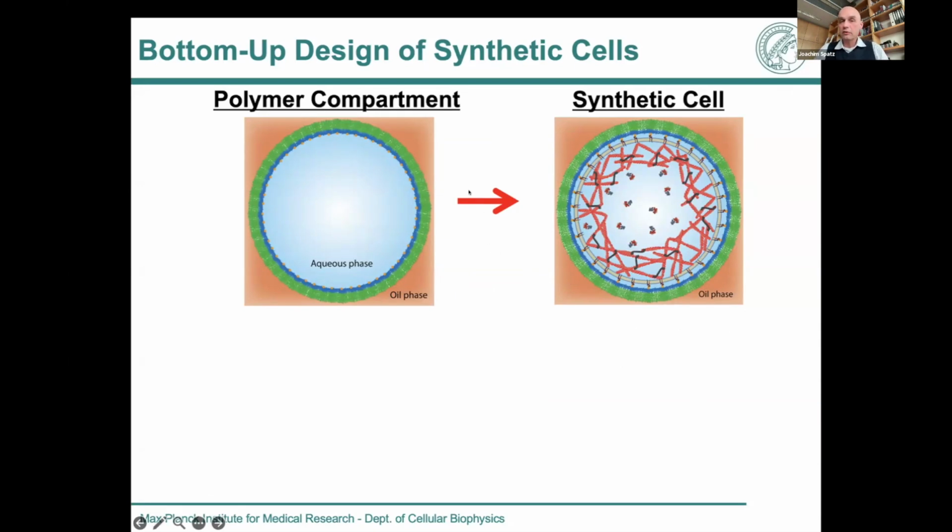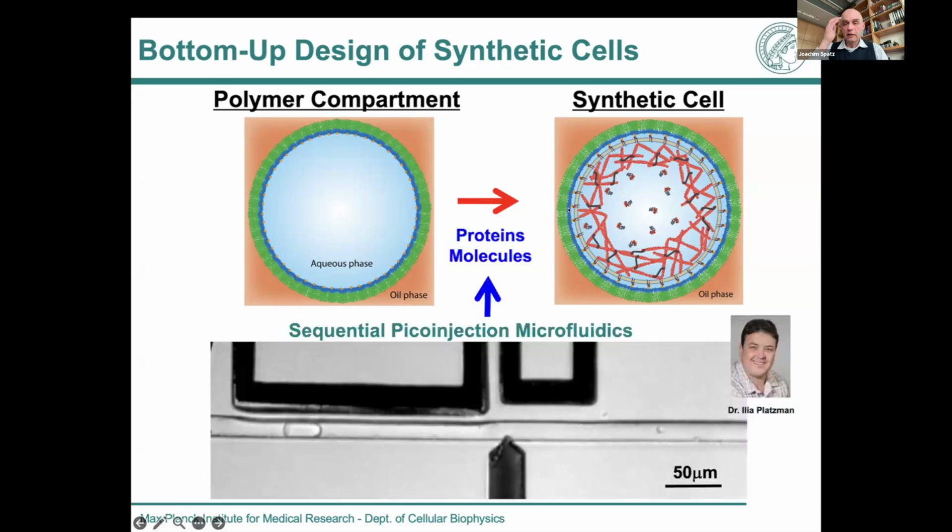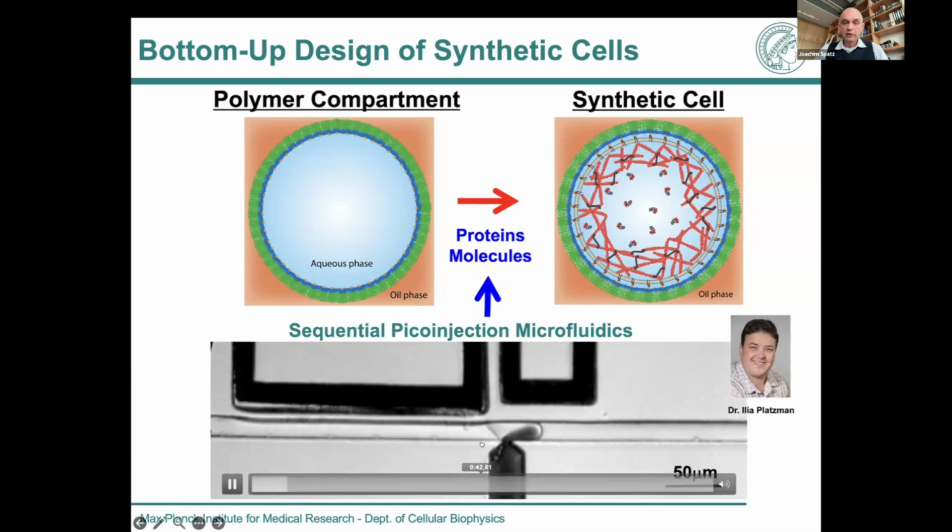But for the first question, how to get something inside, Ilya developed this very nice sequential pico injection microfluidics, where you see here now a droplet passing, and this video is very much slowed down. And the side port is injecting this black liquid into this passing water droplet. It is a little bit on overpressure.